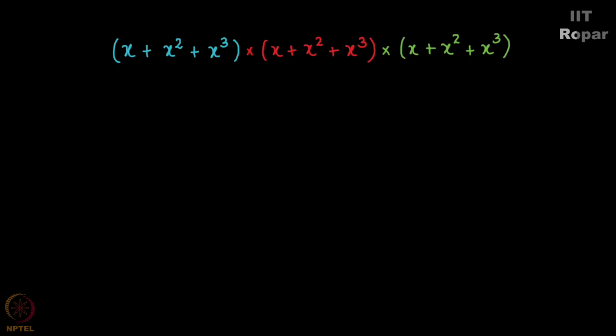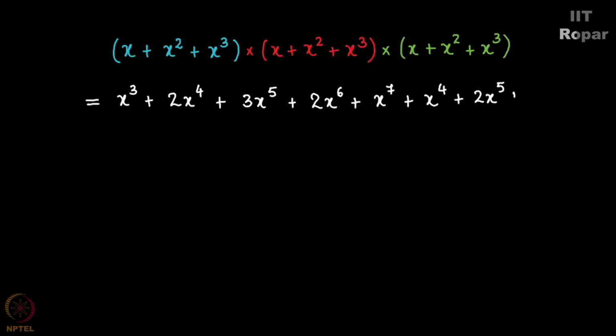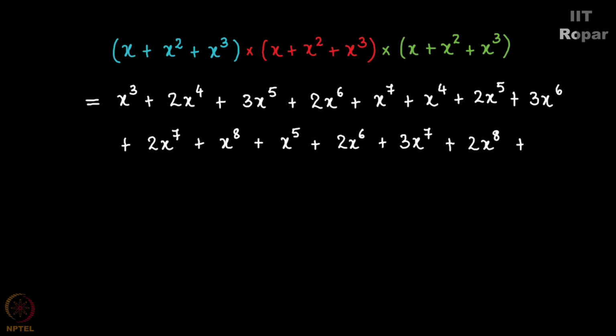x cube plus 2x to the 4 plus 3x to the 5 plus 2x to the 6 plus x to the 7 plus x to the 4 plus 2x to the 5 plus 3x to the 6 plus 2x to the 7 plus x to the 8 plus x to the 5 plus 2x to the 6 plus 3x to the 7 plus 2x to the 8 plus x to the 9.